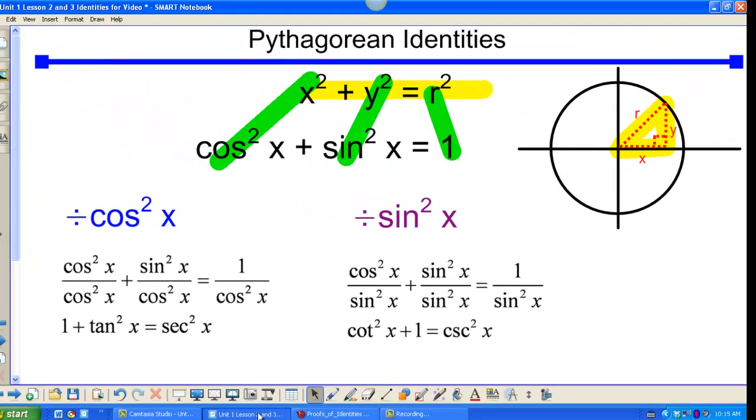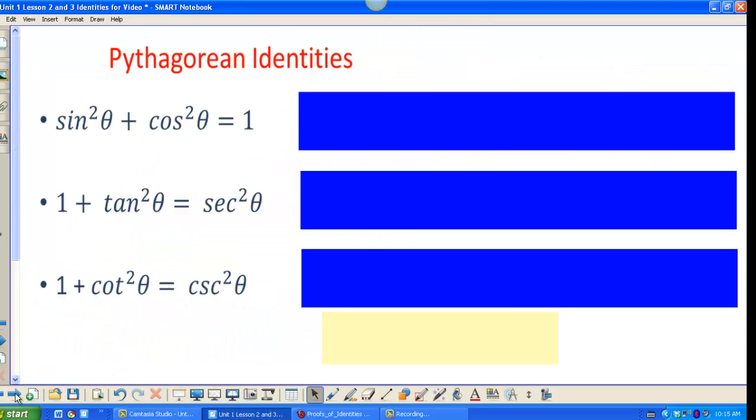Same graph. So for every value of x, the cosine squared x plus sine squared x equals 1. 1 plus the tangent squared equals the secant squared, and the cotangent squared plus 1 equals the cosecant squared of x. It's an identity. These are the three main Pythagorean identities.